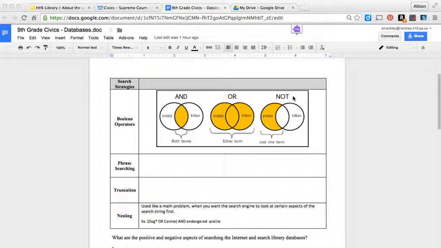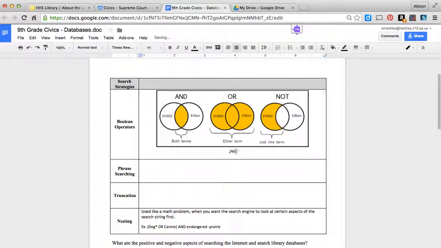So to use not, if you wanted information about puppies, and you kept getting results that also had kitten in it, and you didn't want anything about kitten, you would put puppy, the minus sign, right before kitten, and then it gets rid of all of these articles that have the word kitten. So the way that would look would be puppy minus kitten. And that narrows your results for you.